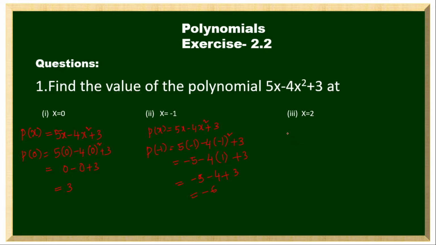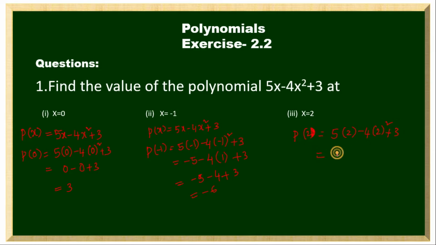Right? In the same way, here also we can find p of 2. Value of this polynomial at x equal to 2 is p of 2. p of 2 equal to 5 into 2 minus 4 into 2 whole square plus 3.